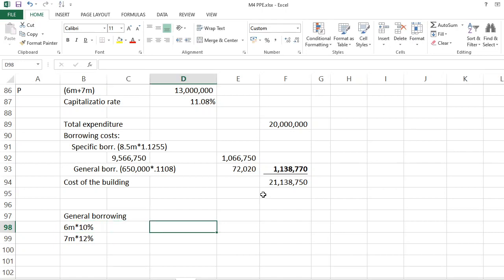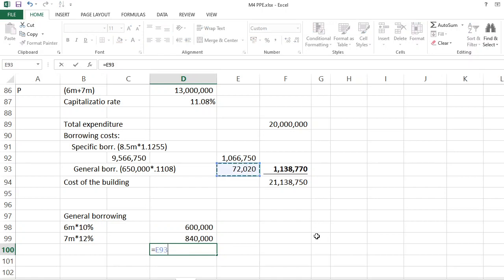And this is 600 and 840. Ito lahat. Pero a part of that goes to the cost of the building. And how much is the capitalizable interest? The 720,020 na na-compute natin kanina. So this is capitalized.